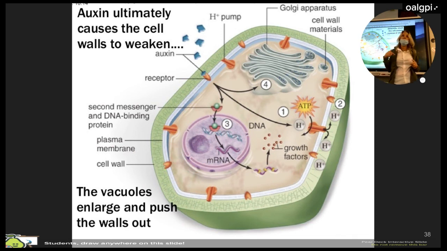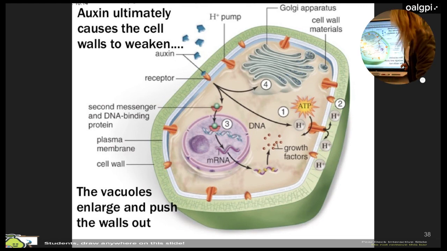The sunny side or the shady side? Shady side, and it gets those cells to elongate. And that's the acid growth hypothesis. Remember, it puts hydrogen ions into the cell wall to weaken the cell wall so that if water goes into the vacuole and the vacuole expands, it pushes against the cell wall.